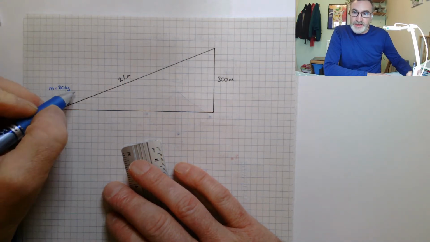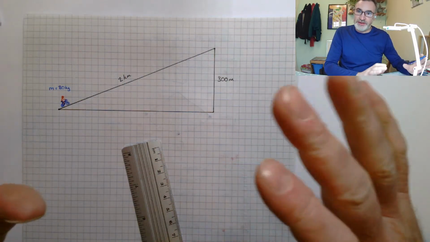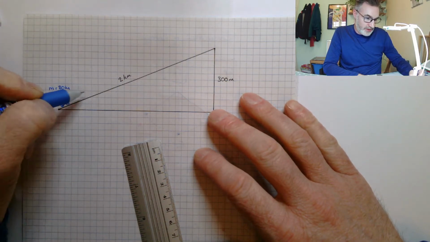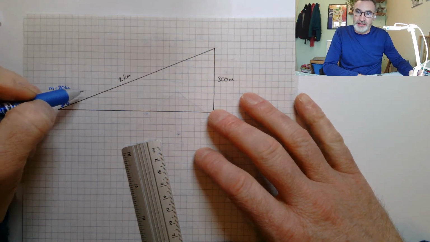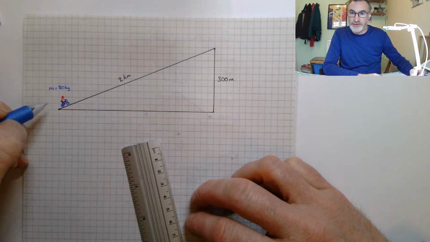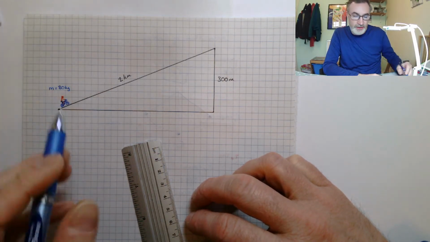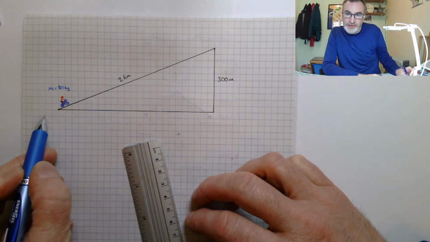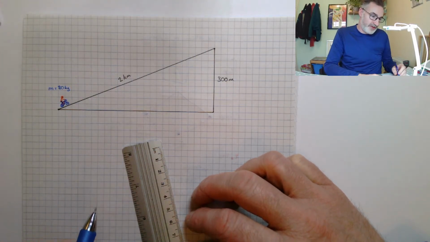Now, if I just stood there and didn't have brakes on, if I was just on my bike and I wasn't actually pedaling, then I'd roll back down. I'd roll back down because gravity is going to be acting down, and we're going to get pushed down the slope because of the effects of gravity.